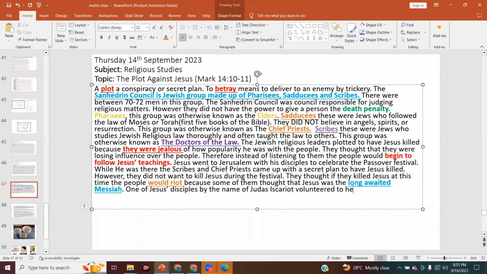Imagine volunteering to help the Jewish religious leaders with their plan.